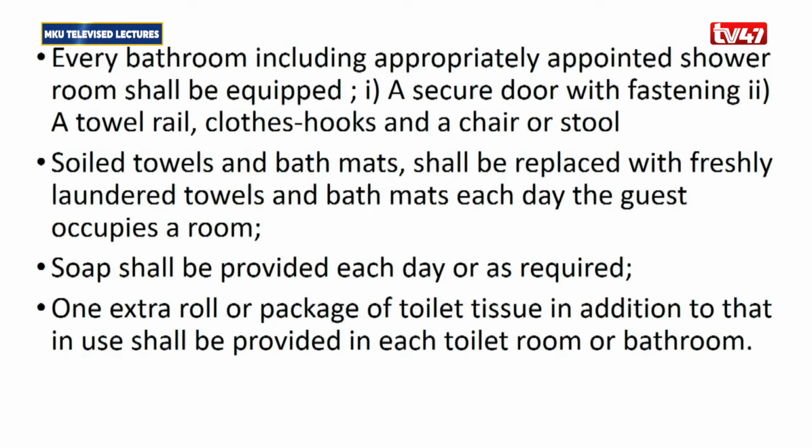A towel rail is where the guest puts the towels before or during the time when he or she is taking a bath. And then the cloth hook is where the client hangs his clothes at the time when he or she is taking a bath, and a chair or stool.